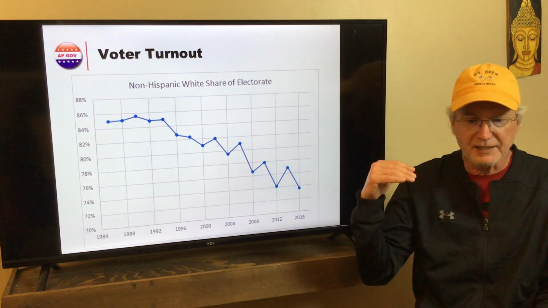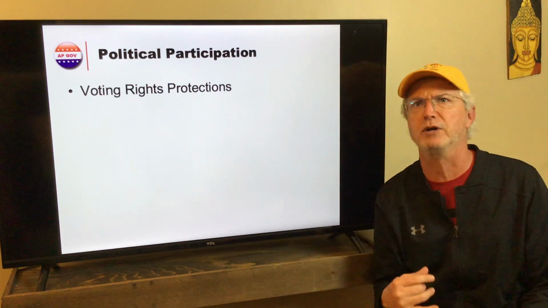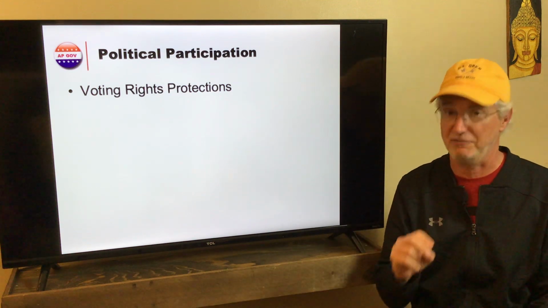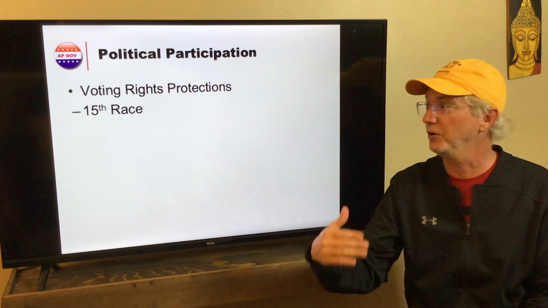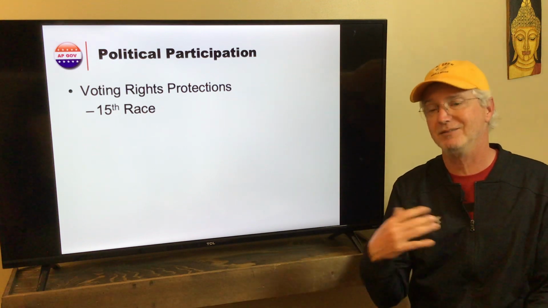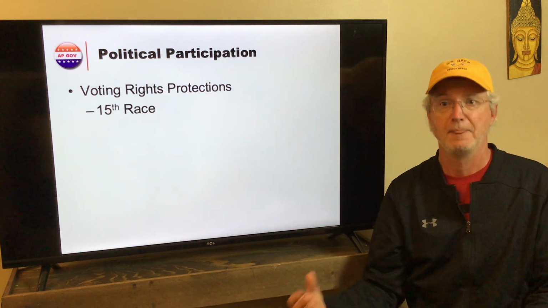So the things that protect the rights of people to vote. We go back historically because it hasn't always been where everybody over the age of 18 can vote. So if we go back, initially the first big change was the 15th Amendment. It's one of the Civil War amendments that allowed blacks to vote. That was huge.